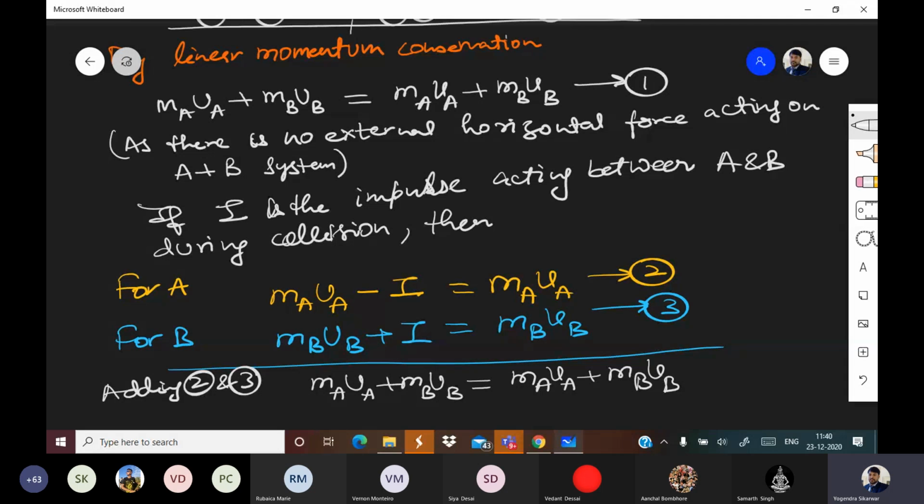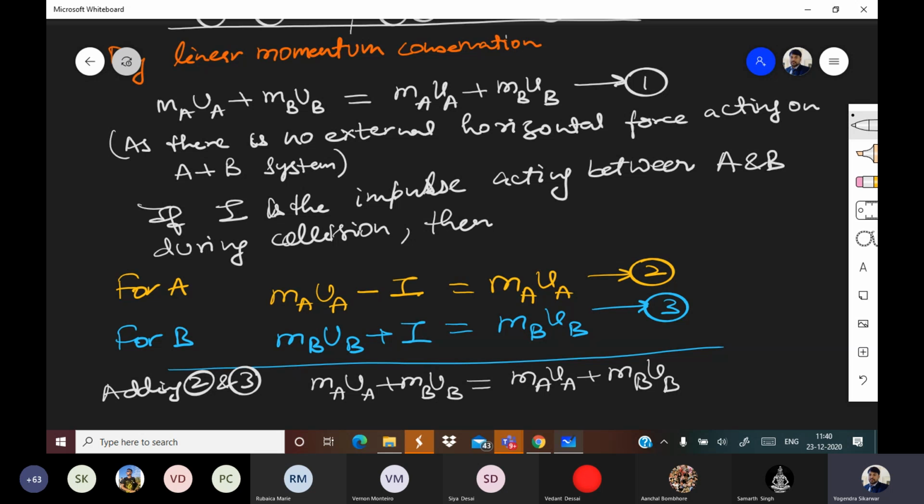If you want to apply it for a single object, you have to apply the impulse momentum equation, or you can say the impulse momentum theorem. And what is that? Impulse is equal to change in momentum, or initial momentum plus impulse is equal to final momentum.